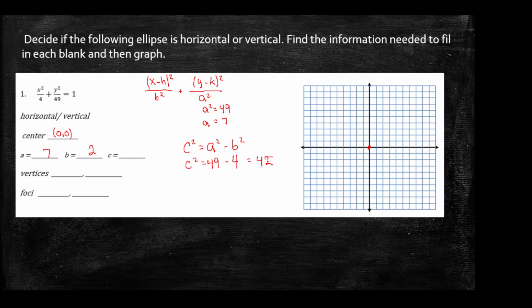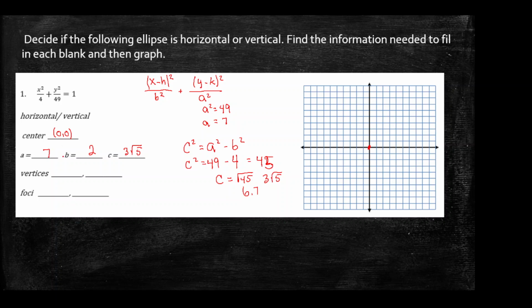So this is 45. And so c is the square root of 45, which is 3 radical 5. 9 times 5, the square root of 9 is 3. So 3 radical 5 is good. I will accept 6.7. That's what 3 radical 5 is, or the square root of 45 is 6.7.